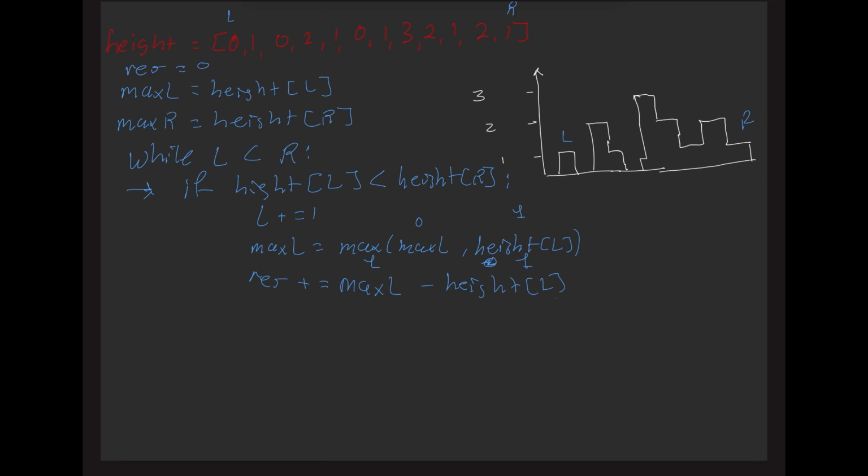Sorry for the confusion, but here earlier it was 0. So max L will be 1 minus 1, equal to 0, because we don't want to append something when we can't trap water here. Obviously, we cannot trap water right here because this left side is going to spill over. But we notice a shift upwards, so we want to append that and update our max left pointer.